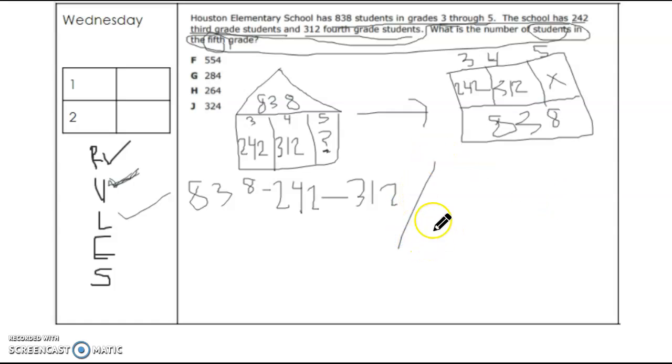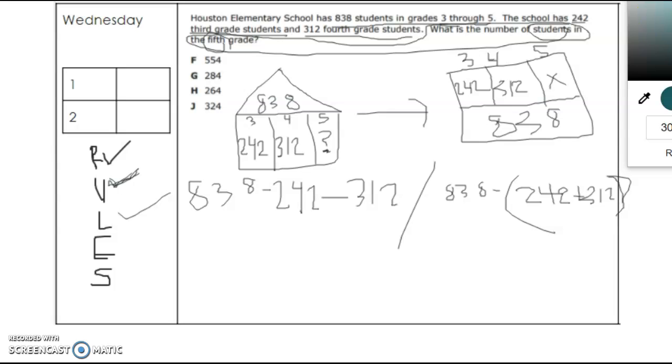Or you could do 838 minus, now this is algebra, guys, minus 242 plus 312. Either way, I'm going to combine those and subtract it, or I'm going to just subtract each of those. Personally, I like to add, so I'm going to combine and then subtract.